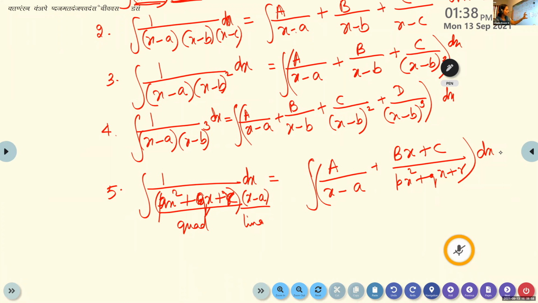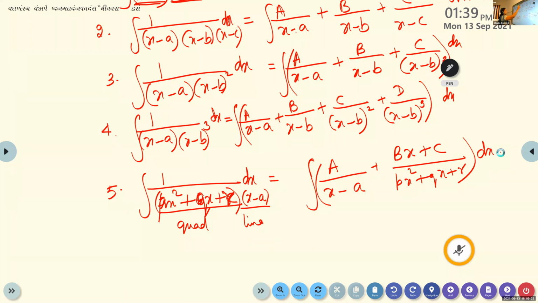When we write a quadratic in the denominator, the numerator must be 1 less than that. So the numerator is 1 less than 2, meaning linear. We should write a linear function in the numerator. Whenever we get linear in the denominator, the numerator is constant. If we get quadratic in the denominator, we will get linear in the numerator.